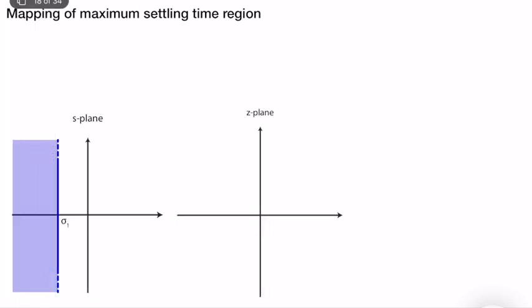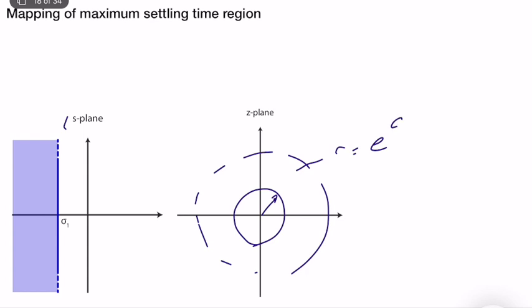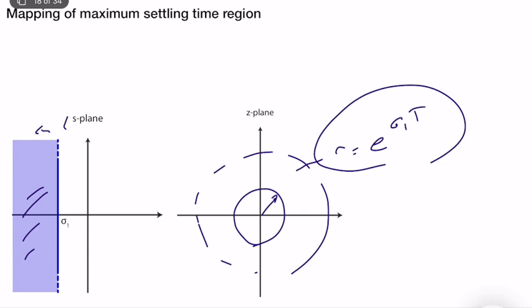So the idea is where this region is mapped to in the z-plane, which is easy. We already mapped that, which is simply a circle inside the unit circle. And we know that its radius is equal to e to the power sigma 1 t. This region is technically covering all the points to the left of this line.